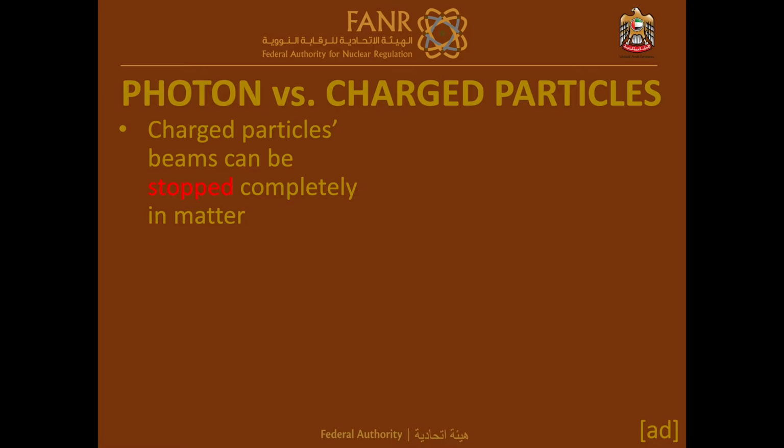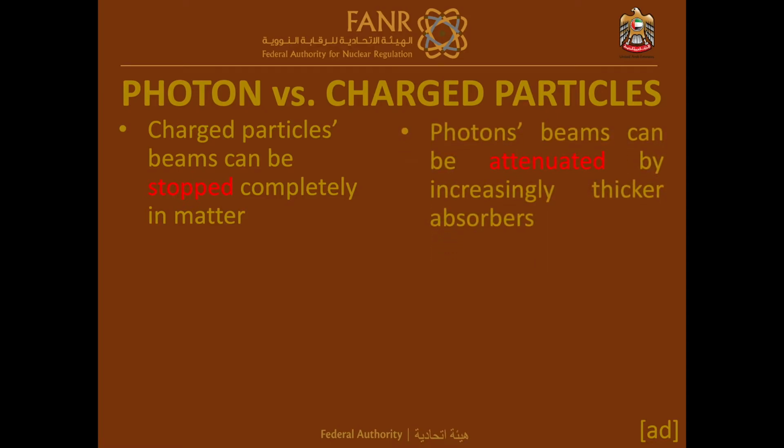Charged particles can be stopped completely, while photons are not stopped because they don't lose their energy progressively. They are just attenuated progressively, and at some point, with a very thick absorber, the number of photons will decrease down to a certain threshold. But it's very difficult to bring to zero the actual photons which are emitted by a source.